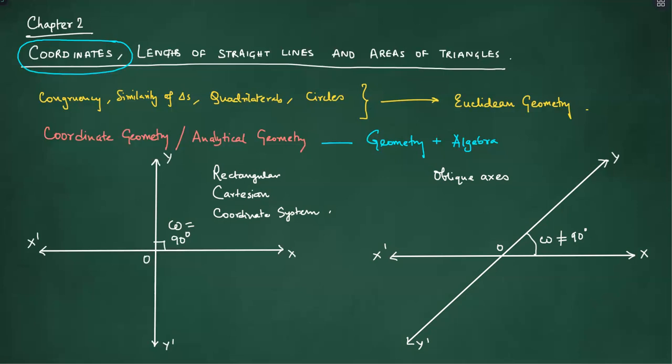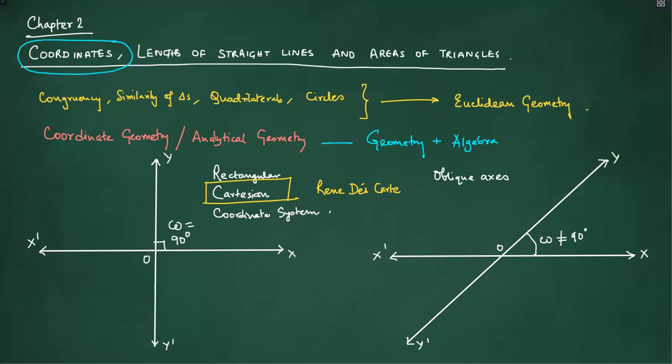Do you see this word Cartesian? Where does it come from? There was a philosopher whose name is Rene Descartes. I'm not sure of the pronunciation or the accent marks.